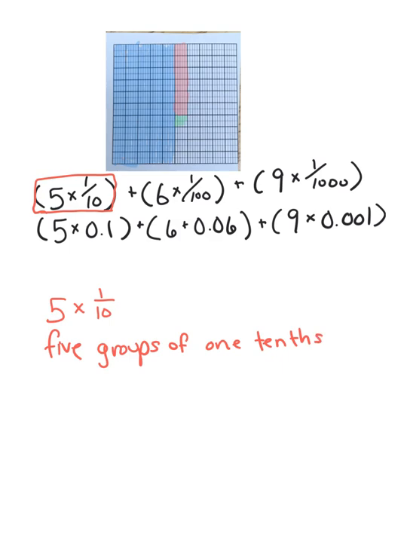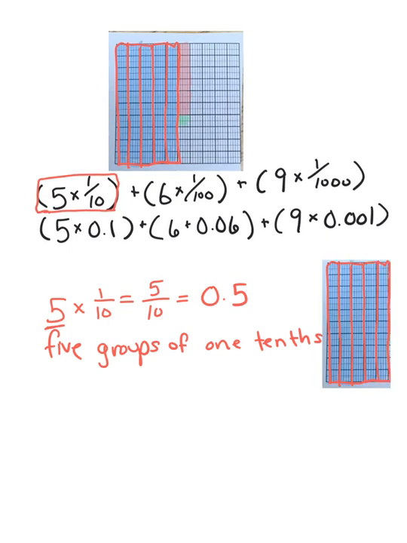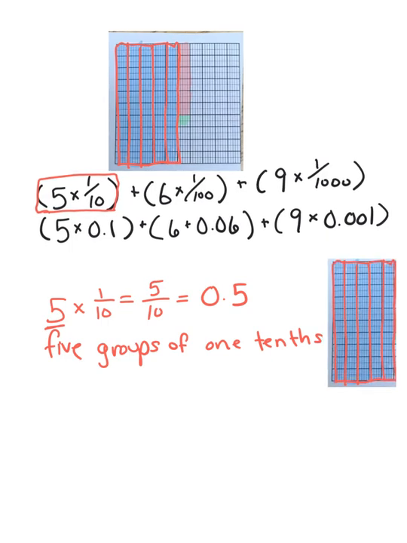So if I were to come back up here to my visual, do I have 5 groups of 1/10 represented here? 1/10, 2/10, 3/10, 4/10, and 5/10. Yes, I do. So when you multiply, this 5 here is a whole number. It's saying 5 times 1/10 gives you 5/10, or you could also write it like this. Okay, so that seems like a true statement. Okay, so here I have my 5 groups of 1/10.